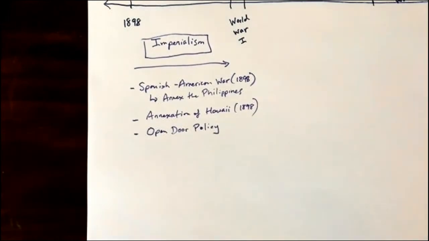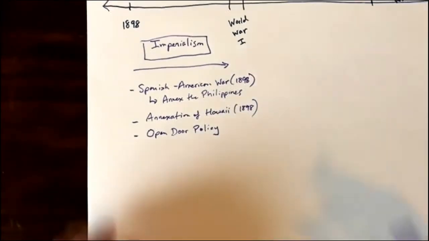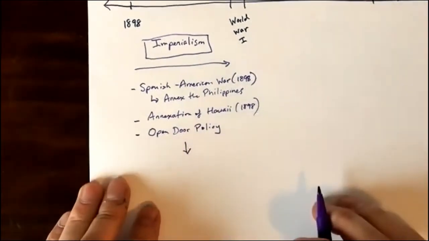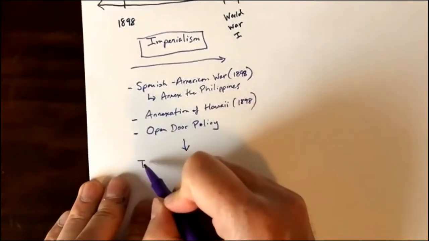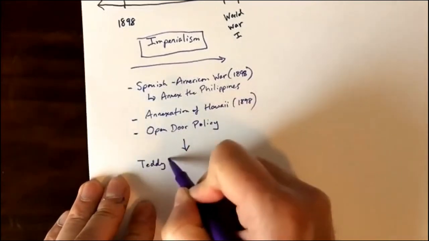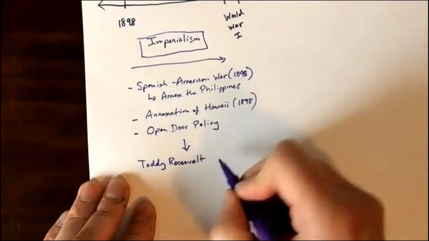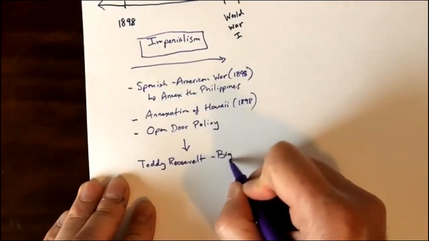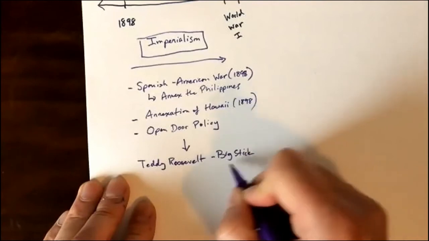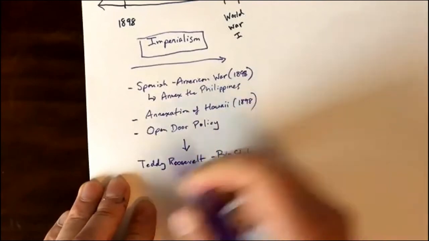And what ends up taking place afterwards is that in the aftermath, we've got a number of presidents who are coming into power who are continuing this process of imperialism. So you've got Teddy Roosevelt and his Big Stick policy, also imperialistic.